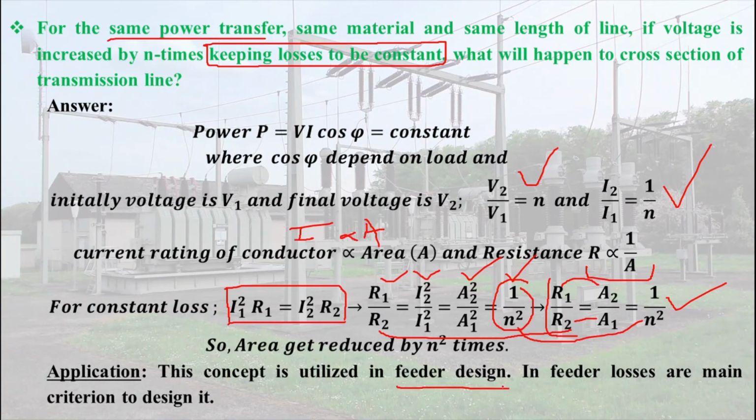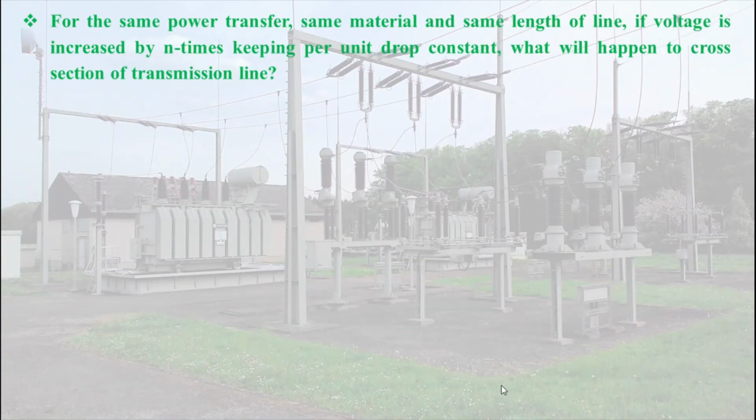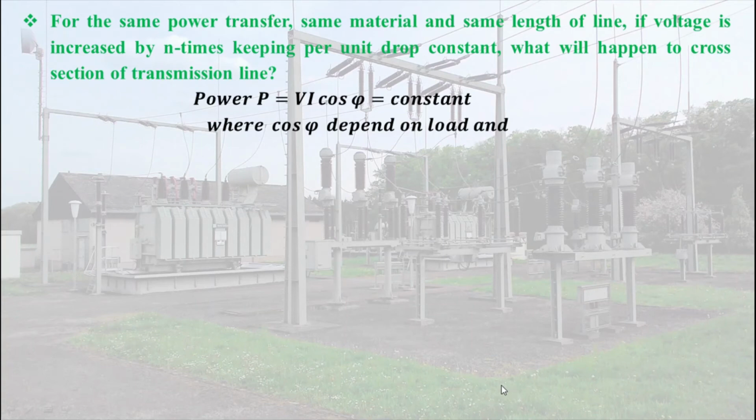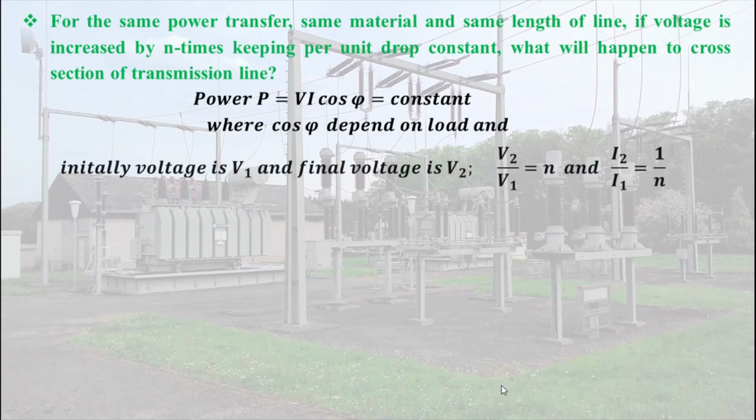For the same power transfer, same material and same length of line, if voltage is increased n times, keeping per unit drop constant, what will happen to the cross sectional area of the transmission line? So again power P is constant, meaning VI cos phi is constant, so we can directly write the expression from the first question. For constant power, V2/V1 = n and I2/I1 = 1/n.